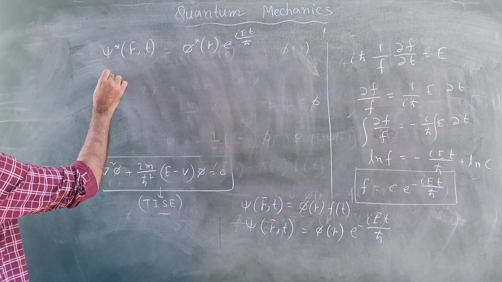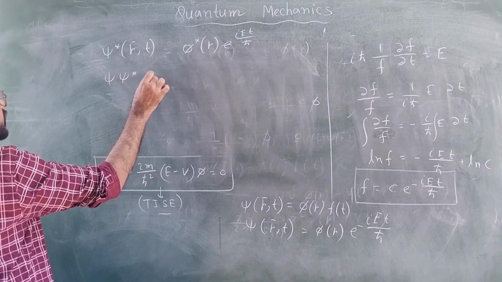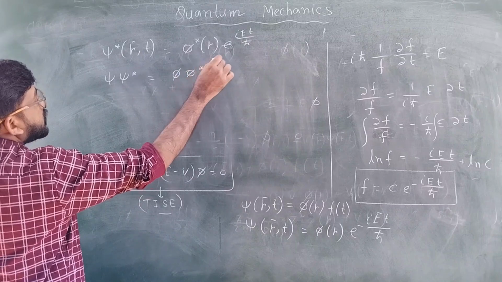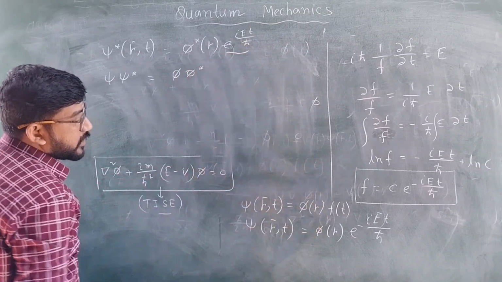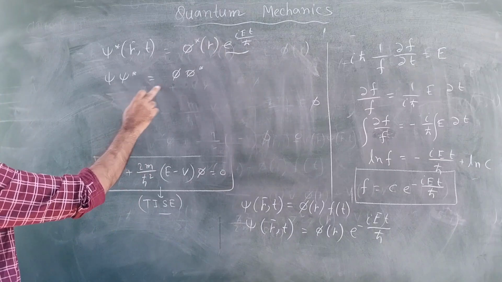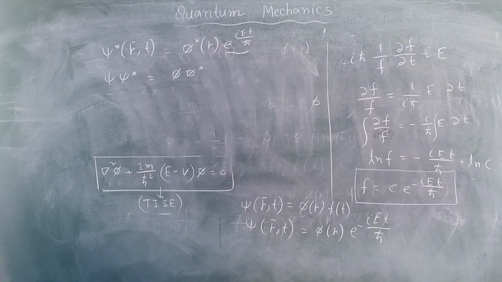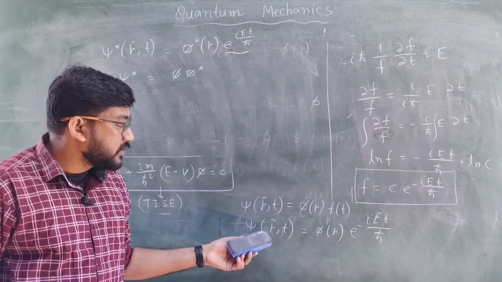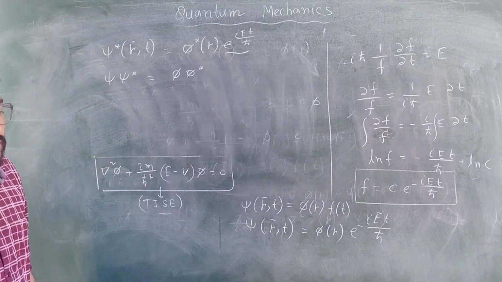Now if you take ψ star ψ, that is the probability density, then you get φ star φ, because this part will be 1 after multiplication. So you can see there is no time part, so this does not depend on time, only on space. So that's why the probability is stationary, and that's why this solution is also called a stationary solution.